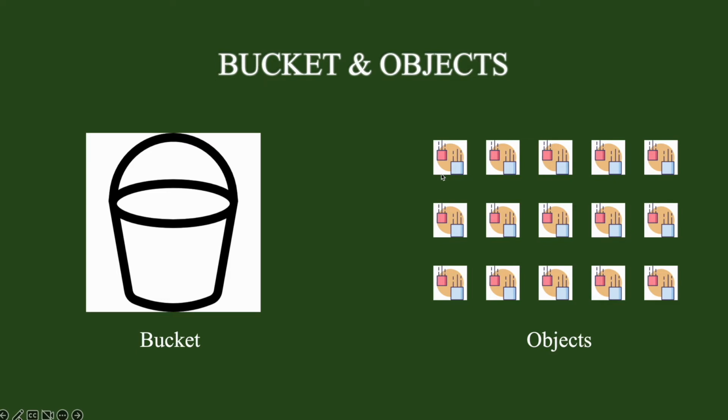Anything, it can be a file, or it can be a file and the metadata of the file. Metadata means anything related to the file, like the last modified date, or for example, if it is HTTP, it can be the content type. So in a nutshell, in very simple terms, an object is nothing but the file that the website and application needs to load to show them properly.